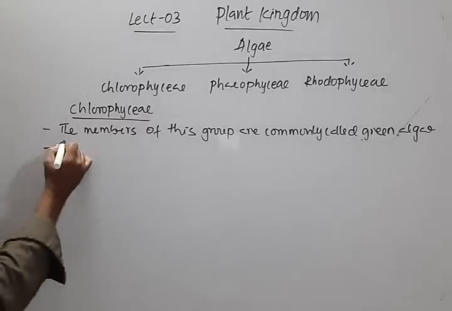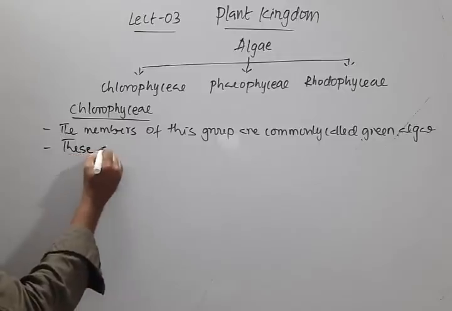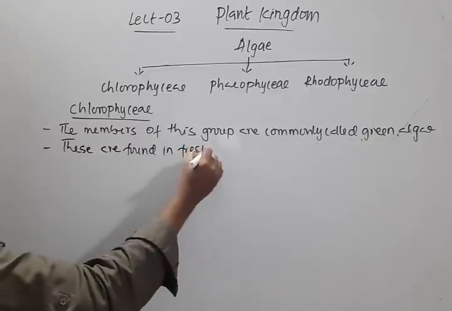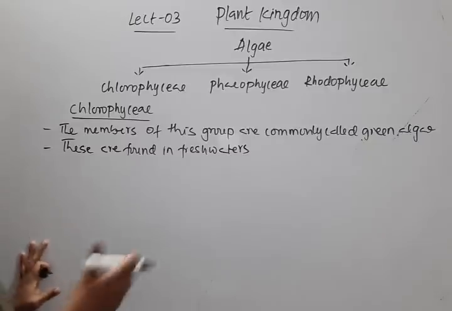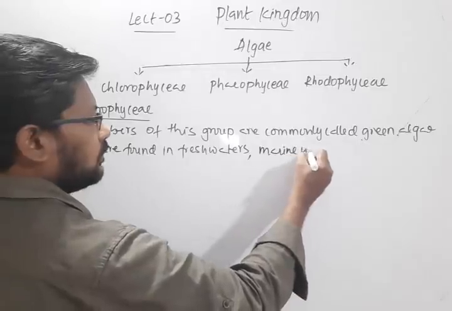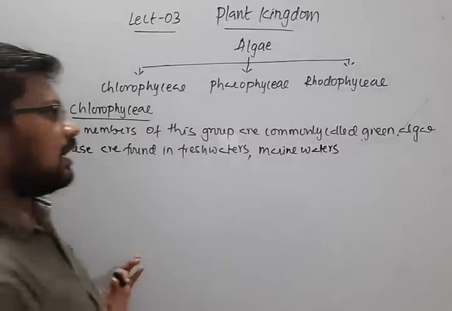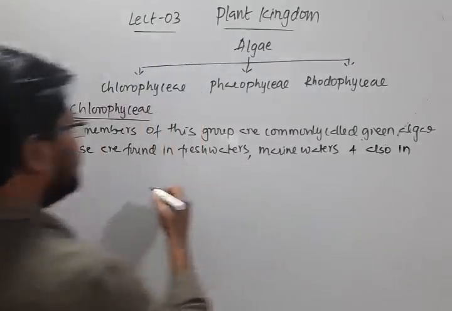Now, the members belonging to Chlorophyceae are found in fresh waters, that is, in rivers and lakes. They are also seen in marine waters, oceans and seas, and also in brackish water.